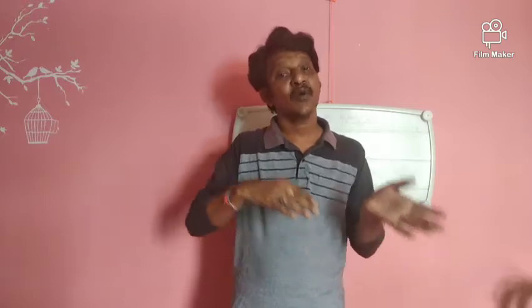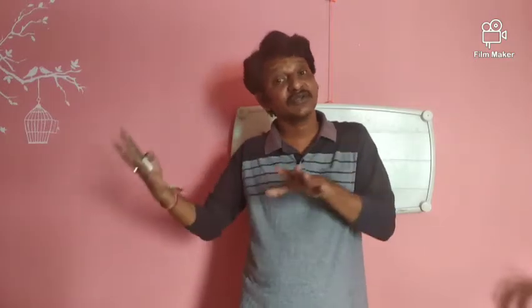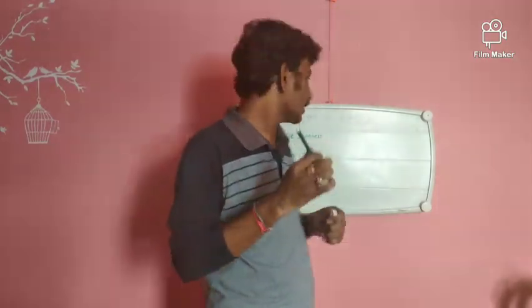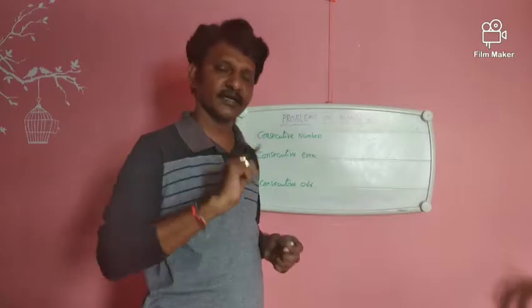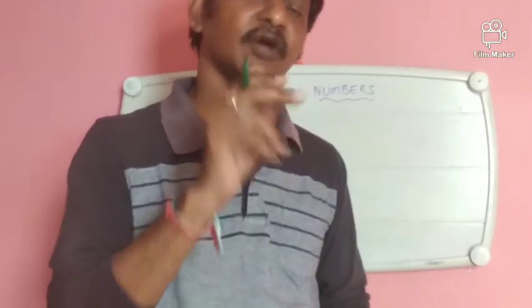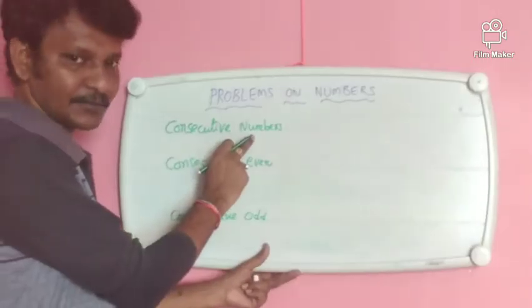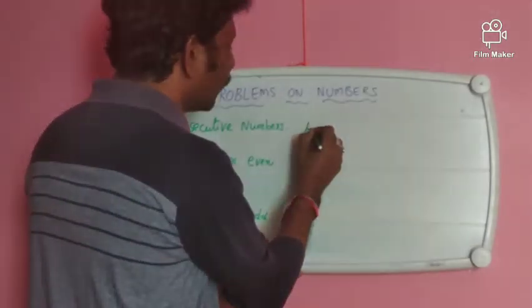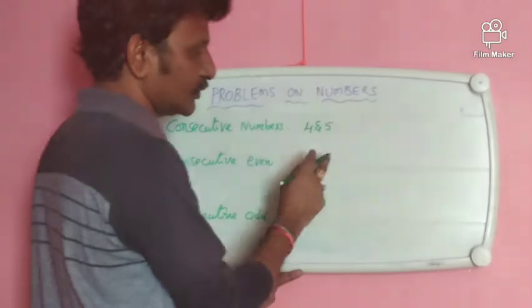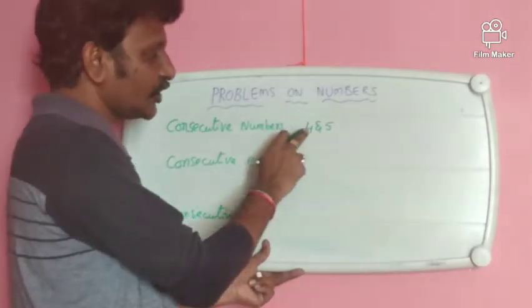Now we will see what are consecutive numbers, consecutive even numbers, and consecutive odd numbers generally. Clear? Children, now you will see some examples for consecutive numbers. 4 and 5, which come each other in order.